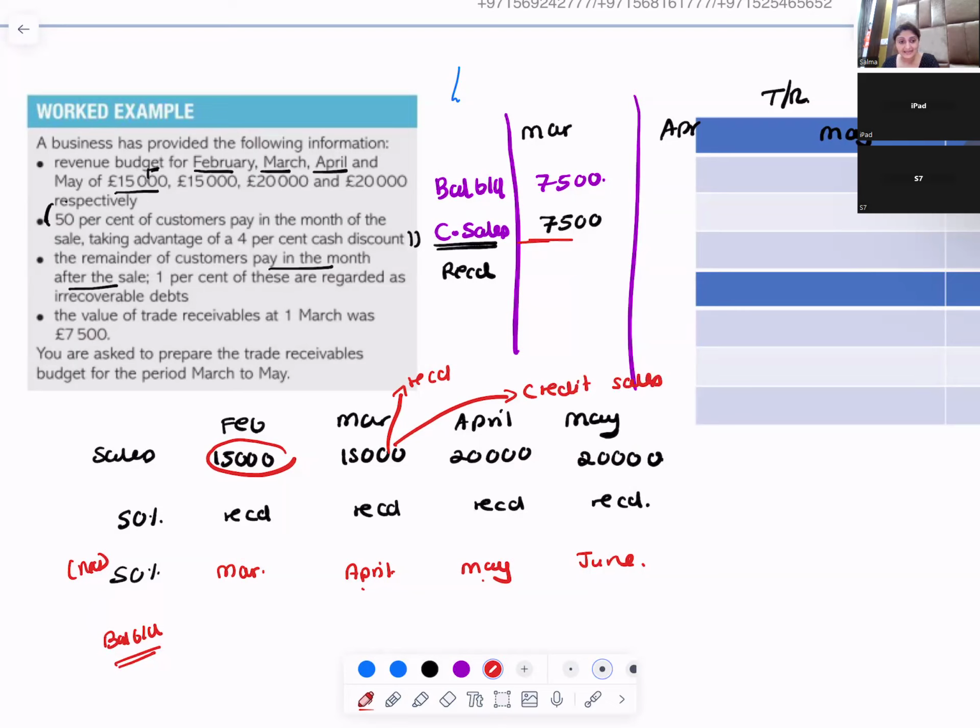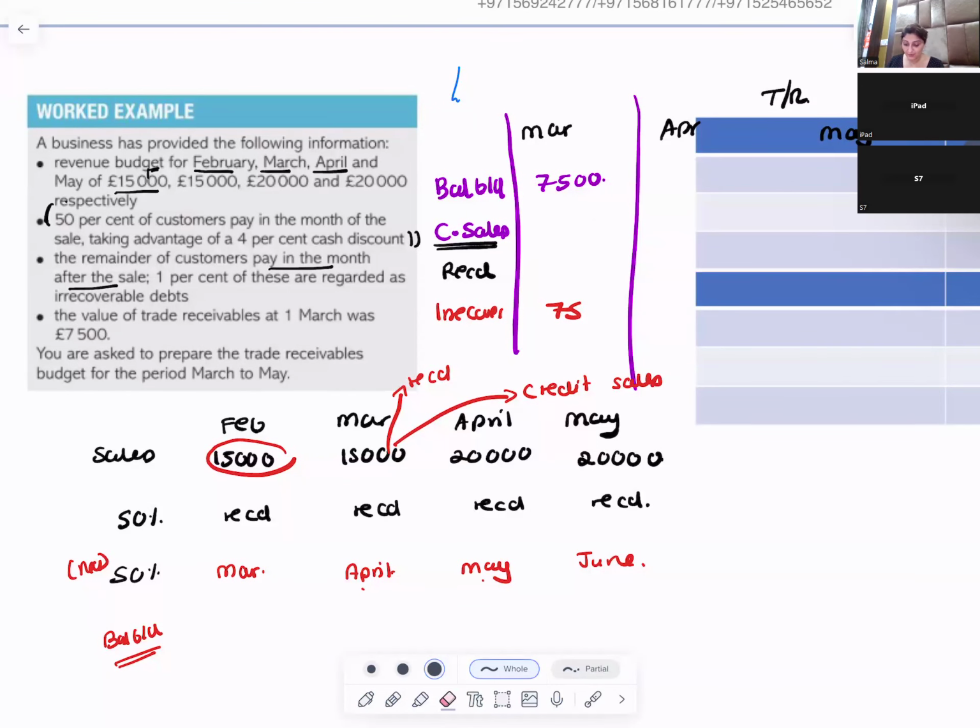But can I write the entire 7,500 as credit sales, or will there be irrecoverable debts? 1% of your credit sales are regarded as irrecoverable debts, so you will have to subtract 75: 7,500 into 1% is 75.